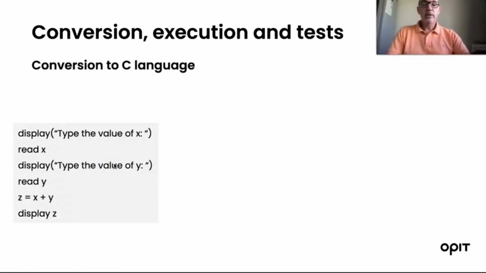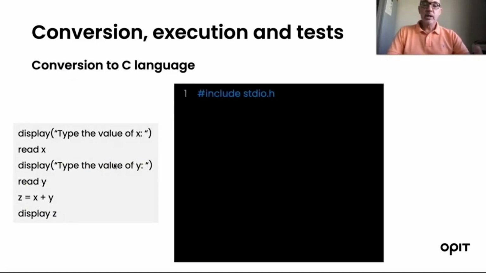So let's see, for instance, the conversion to the C language. C language starts with the inclusion of some libraries. I'm going to explain this in other modules later on. We write what we call the main program, and here I declare the 3 variables X, Y, and Z to be of type integer.